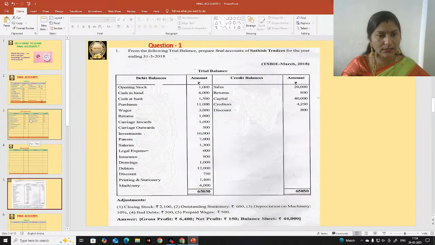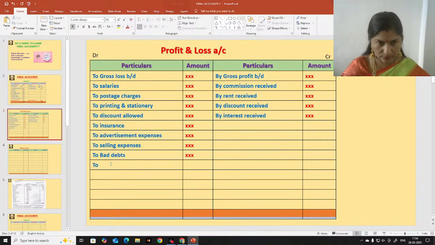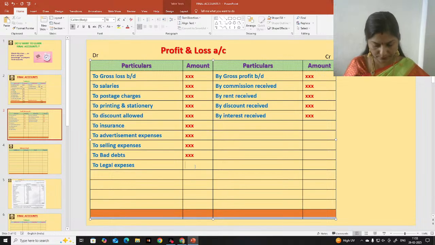And next one is legal expenses. Next one is carriage.